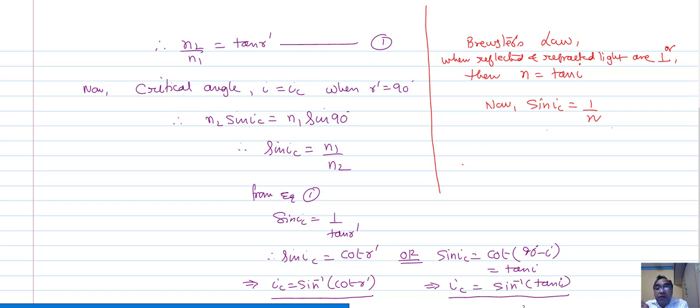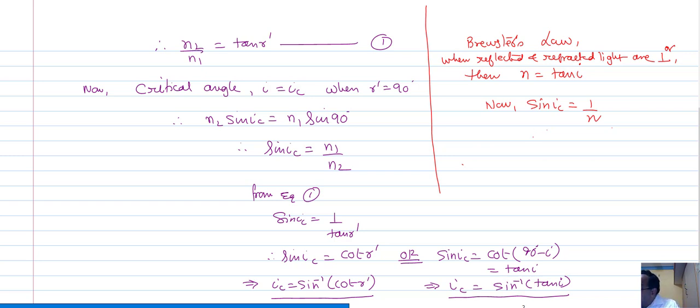That is why there will be a change. So instead of writing sine critical angle as 1 by n, you will take it as n, because n1 and n2 will be inverted. Hence the sin of IC you will write as tan I only.